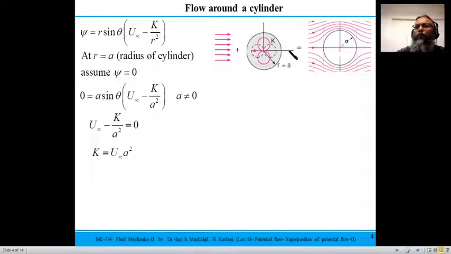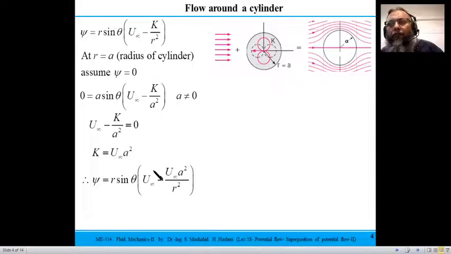If you want to have a bigger radius of the cylinder, obviously for a given uniform flow we need a higher strength of the doublet. If this cylinder is taken as a small cylinder, then we can work out the same thing using a smaller magnitude of the strength of the doublet. So this is how these parameters for the basic potential flow link together.